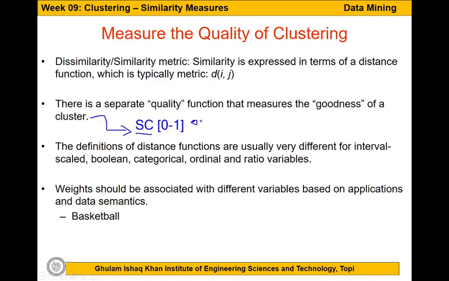For example, this is a clustering, right? This is a clustering which we have done. Let's assume we have a total of 9 objects in the data, right? If you see here, some are blue, some are green, and some are red, but this is, let's say, clustering number A, right? And then we have another clustering for the same data.